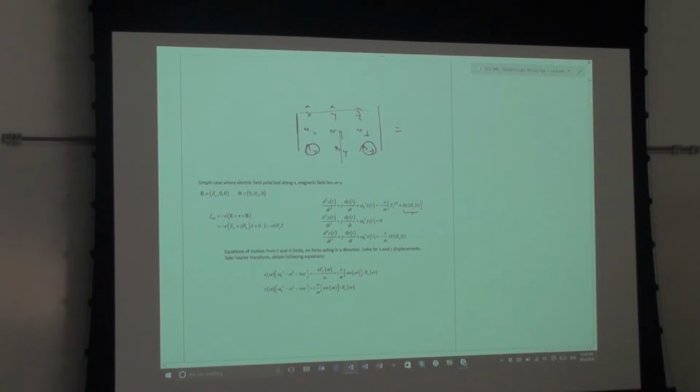Oh, I have two terms. Yeah. So first of all, I'm going to have this one here. So that's Vx by along x.